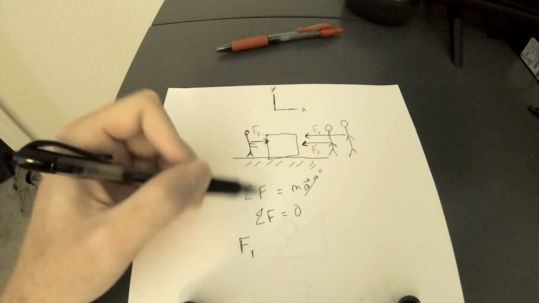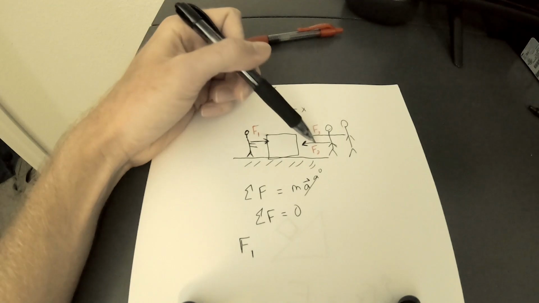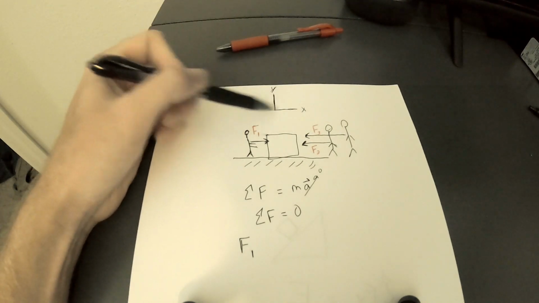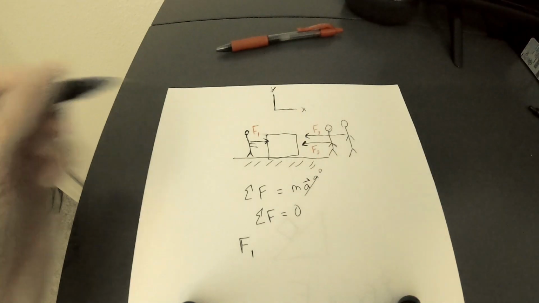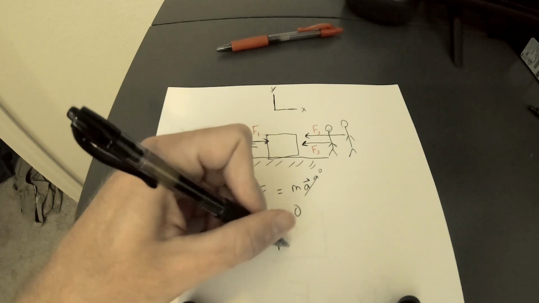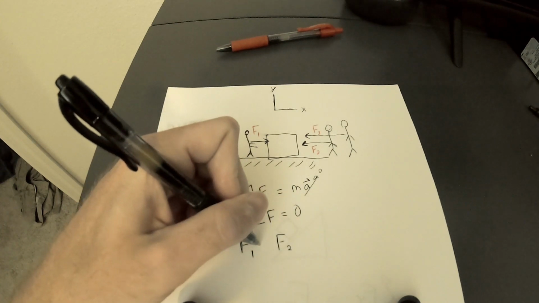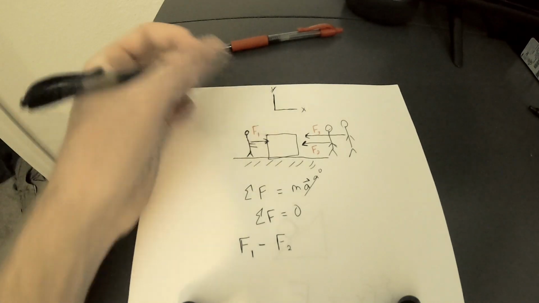So remember, we're summing the forces. Then on the other side, since F2 is going in the negative x direction, going this way, you're going to subtract F2. F2 is negative.